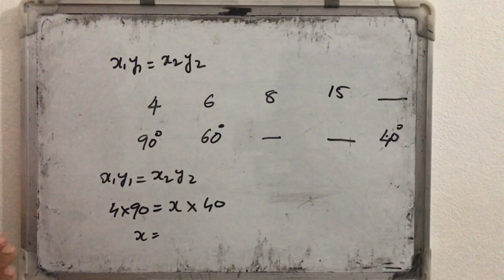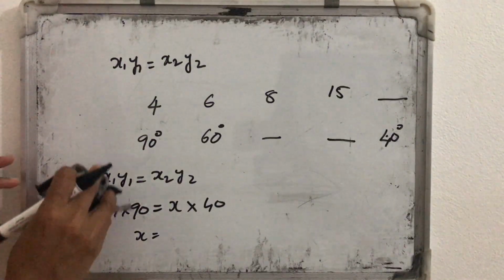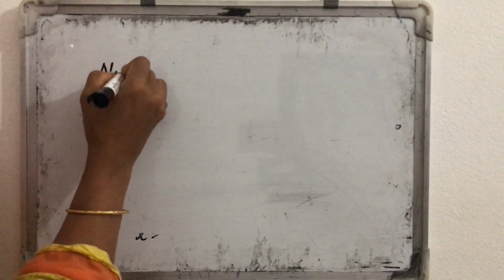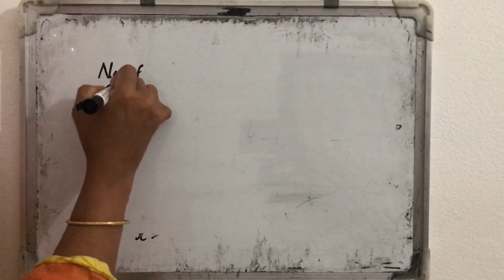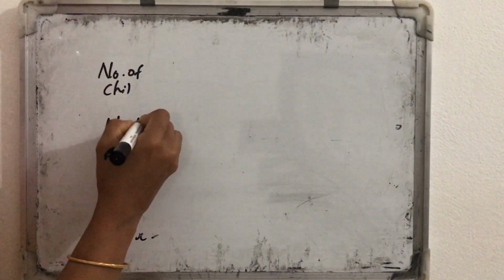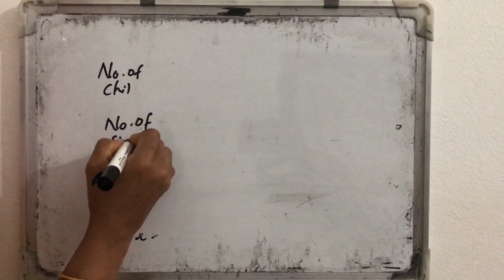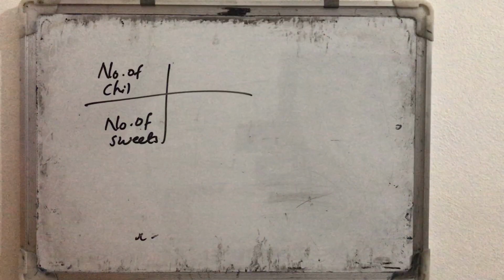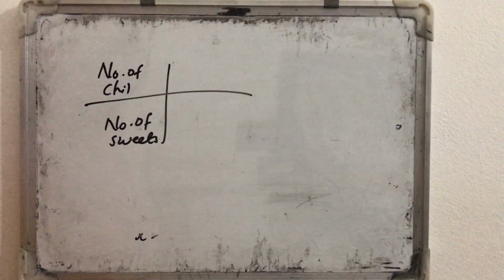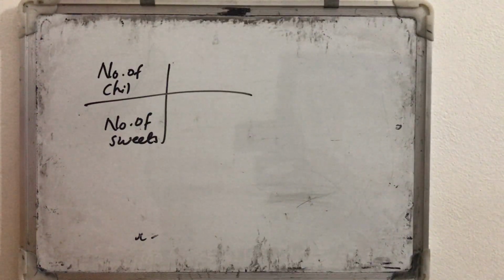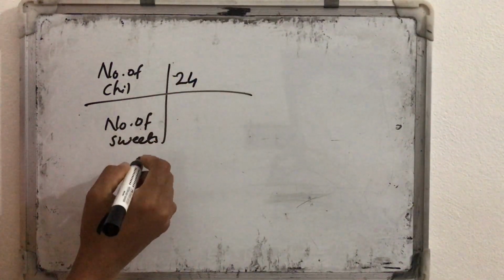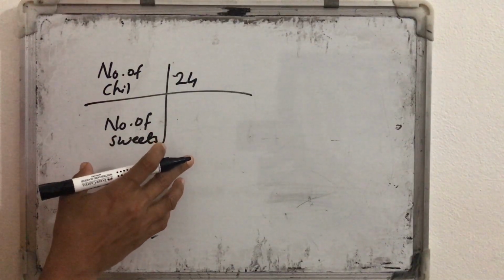If a box of sweets is divided among 24 children, in the first case we have two quantities: the number of children and the number of sweets. In the first case, the number of children is given as 24, and they will get 5 sweets each.